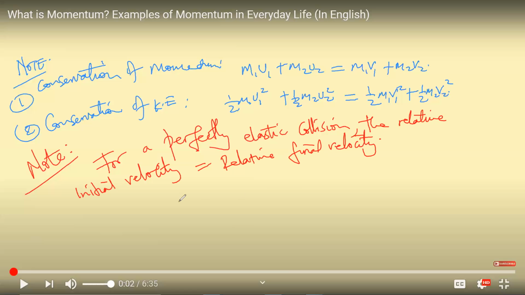In other words, what I mean here is this, that U1 minus U2 is equal to V2 minus V1.